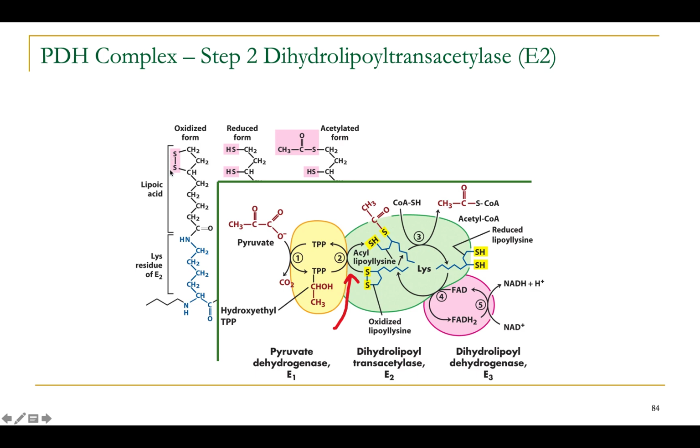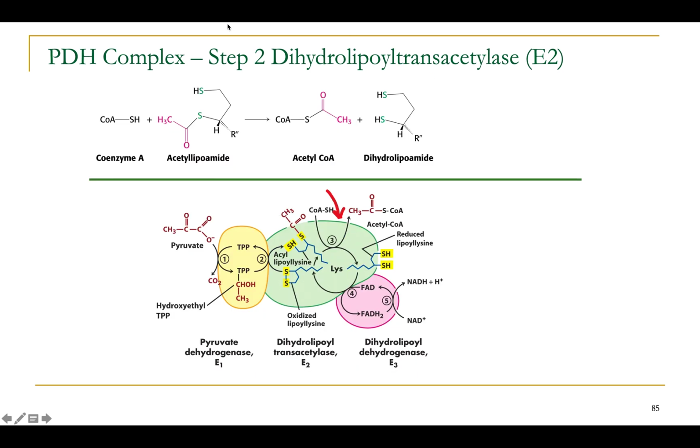And this disulfide bond allows lipoate to work as a versatile carrier, at the same time carrying reducing equivalents, electrons, and the acyl group. Being reduced by the hydroxyethyl group transferred from thiamine pyrophosphate, the reduction of the disulfide bond allows it to carry hydrogen on one branch and the acyl group on the other branch.